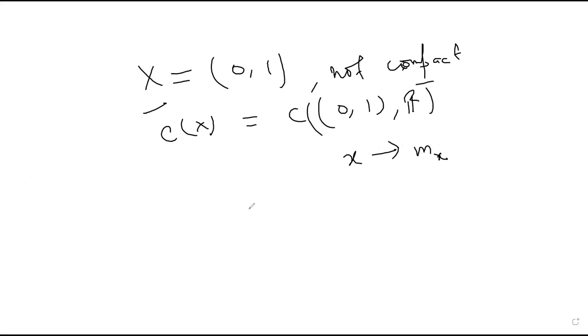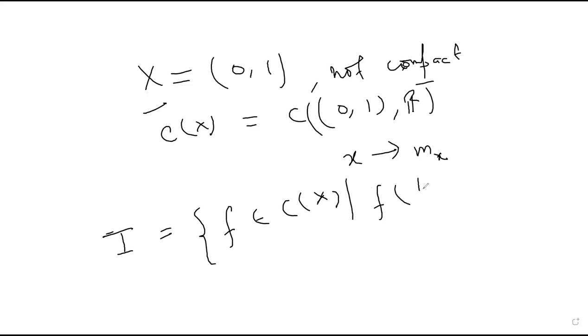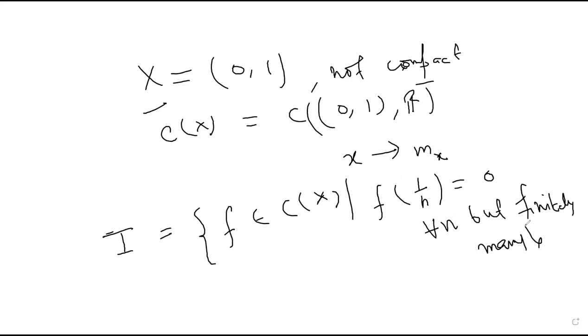So, for example, what you can do, you can take the ideal I, which is all possible continuous functions such that f(1/n) is equal to 0 for all n but finitely many. So after some stage n, every 1/n will give me 0.